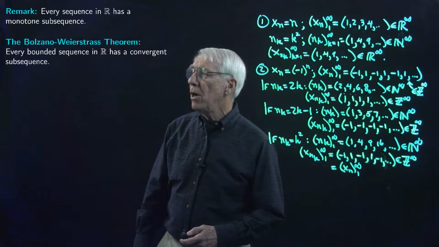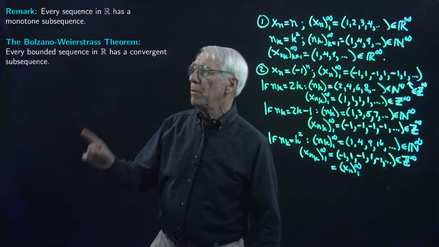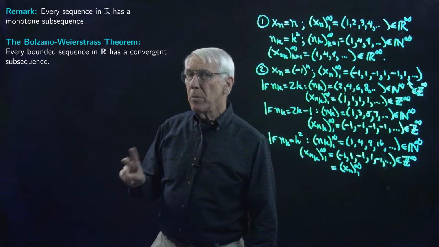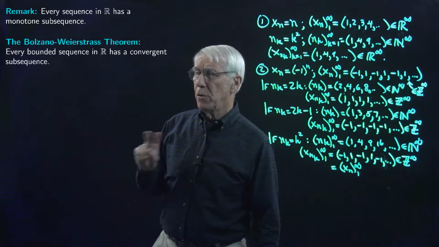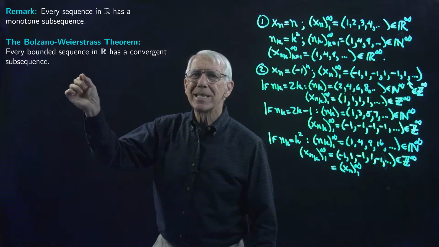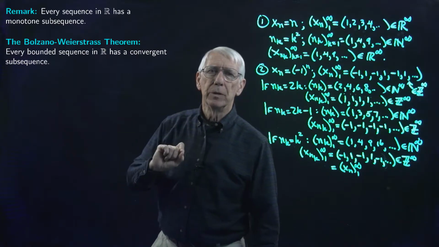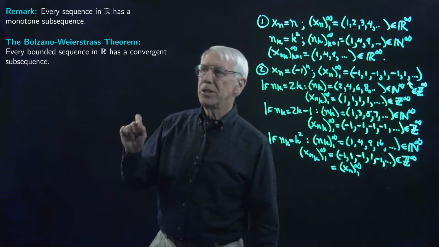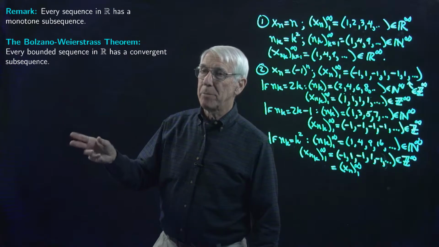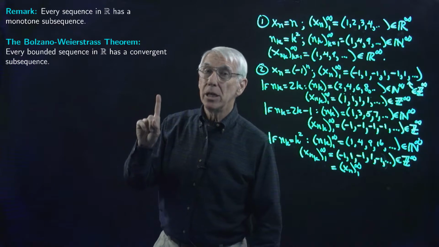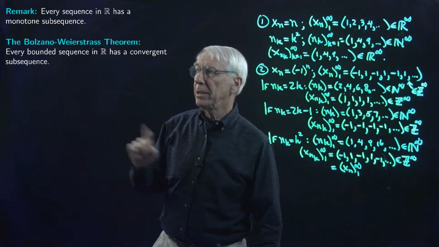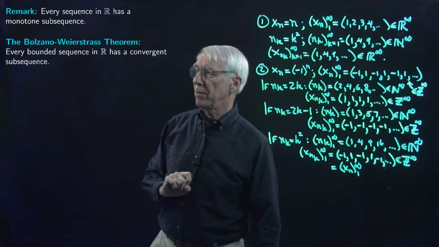So in fact, once we have the remark at the top up here, together with the monotone convergence theorem, those two together make the Bolzano-Weierstrass theorem simple to prove. So the trick is to know that the least upper bound property gives us the monotone convergence theorem. Together with this remark up here, we get the Bolzano-Weierstrass theorem.